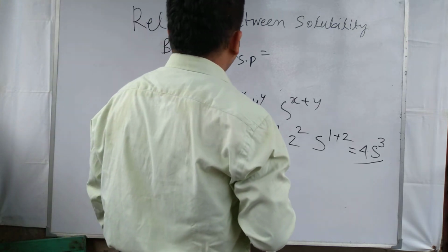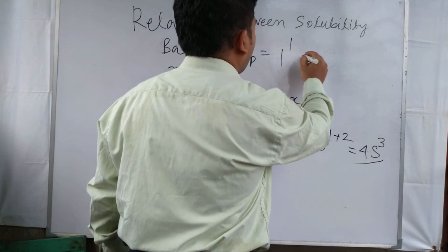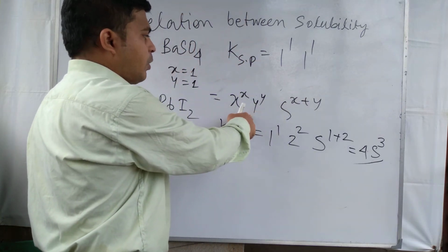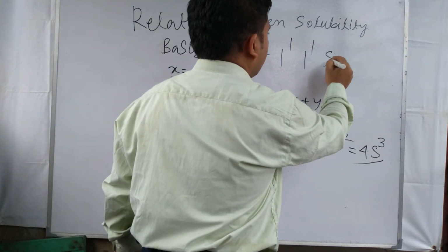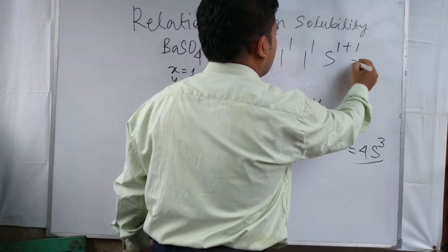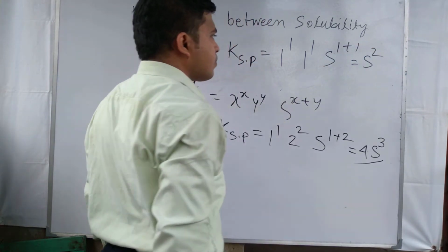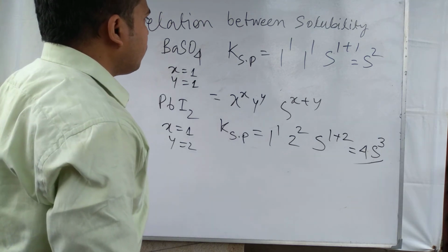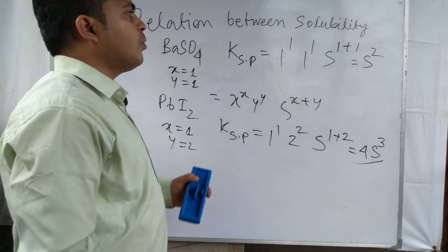So for this type of salt it is 1 to the power 1, 1 to the power 1, because x to the power x, y to the power y is the formula, and S to the power 1 plus 1, that means S square. S square is the solubility product expression for BaSO4.